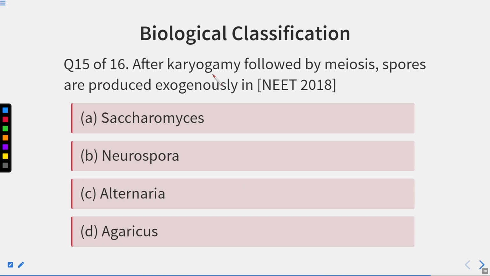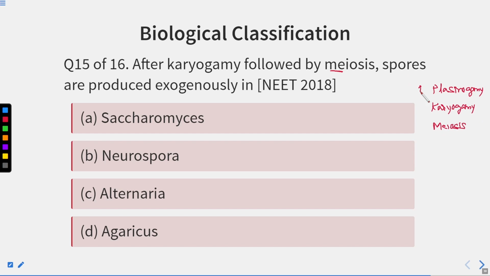The next question is after karyogamy followed by meiosis. If we talk about the fungi, how does sexual reproduction take place, or what are the stages? First is plasmogamy, which is the fusion of the protoplasm. Second is karyogamy, which is the fusion of the nuclei, and then we have meiosis.